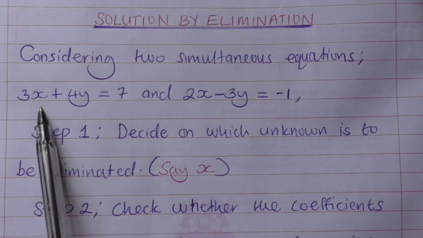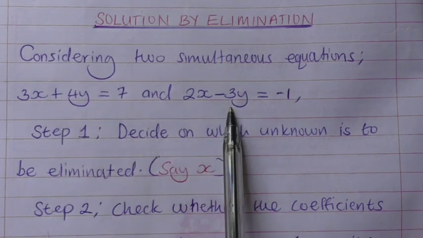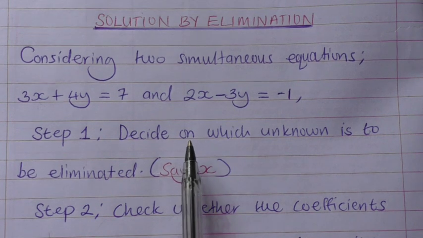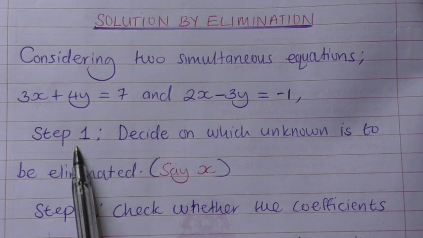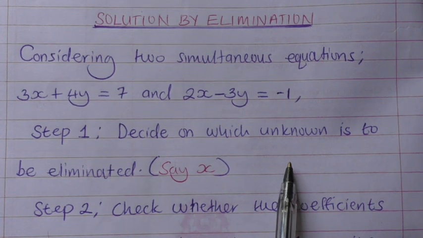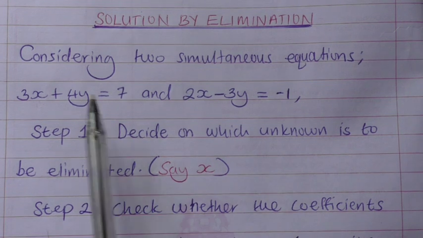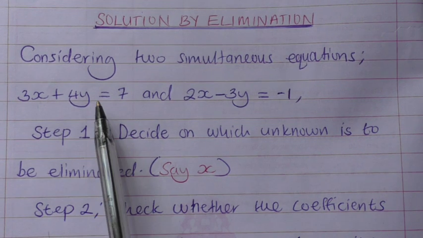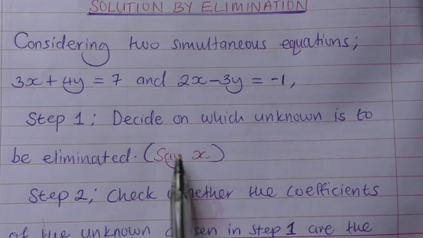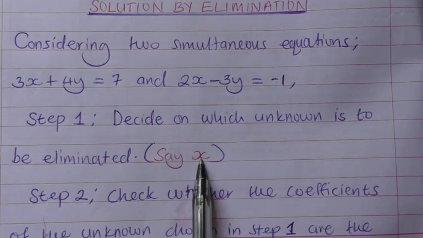So we have our two equations that we are to solve together following these four simple steps. Step 1. You have to decide on which unknown to eliminate. Let's say x or y. In our particular example, we are eliminating x.